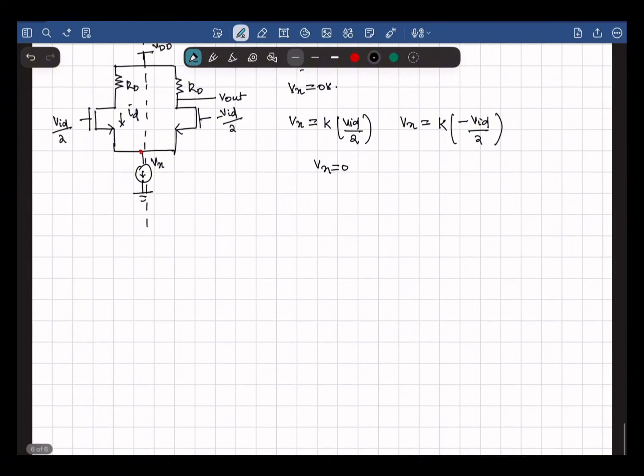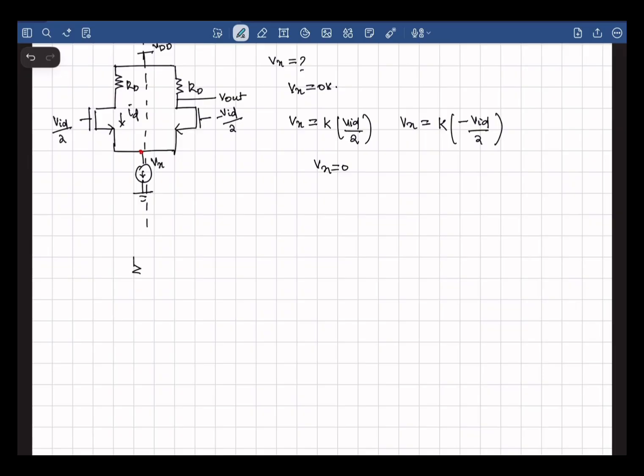Now I can reduce this circuit. If I'm considering only the right half of the circuit, I can write it something like RD, V out is taken out of here, minus VID divided by 2.